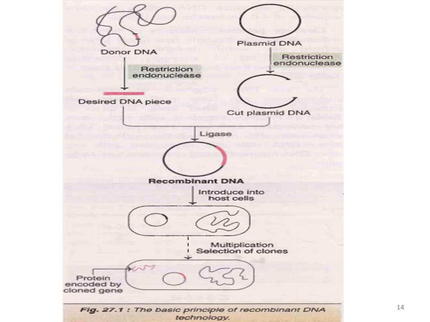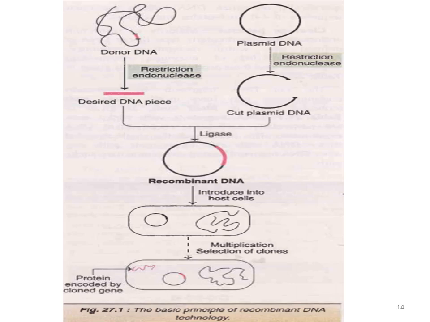This recombinant DNA is introduced into the host cell, for example, into the bacterium. In this bacterium, the recombinant DNA is multiplied and the clone is identified by selection.